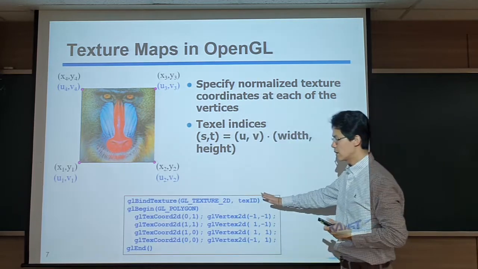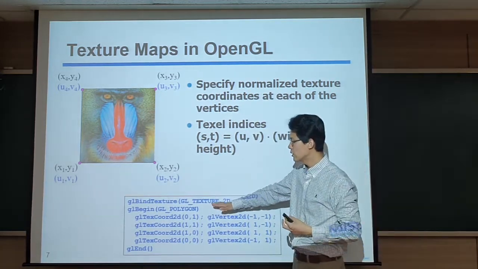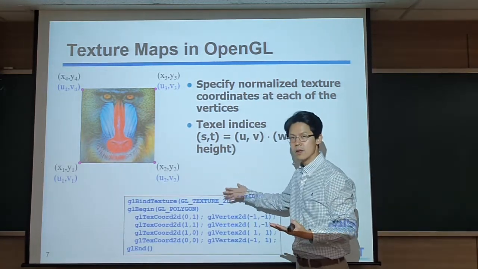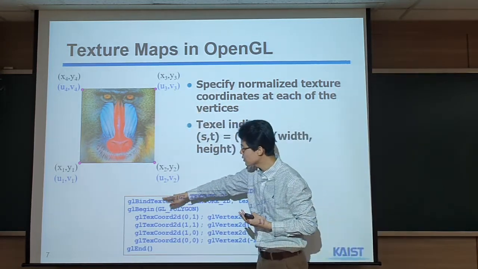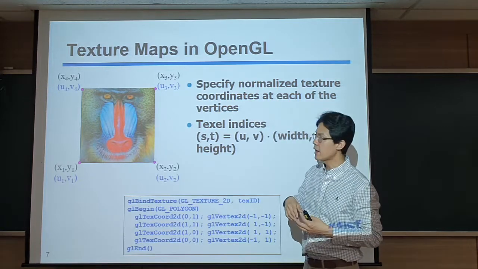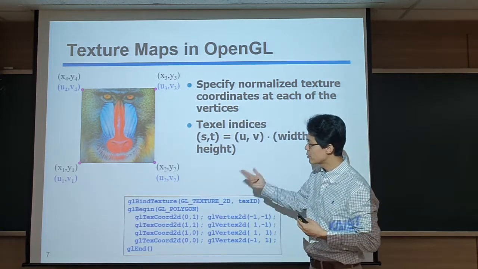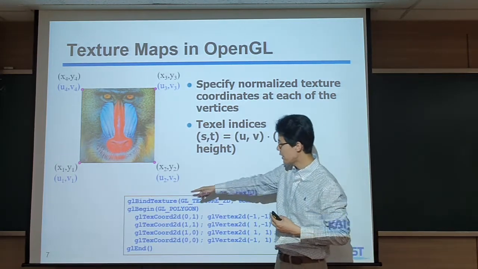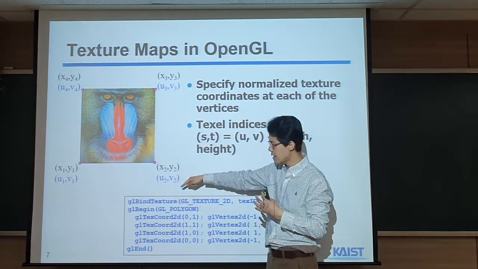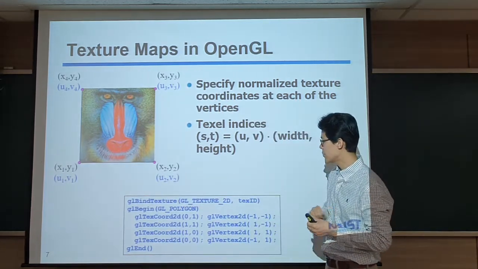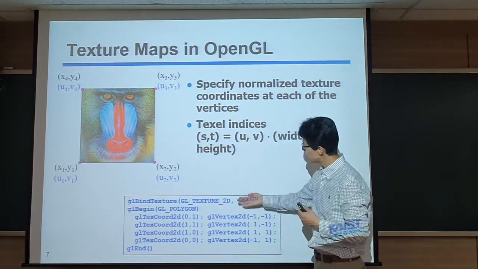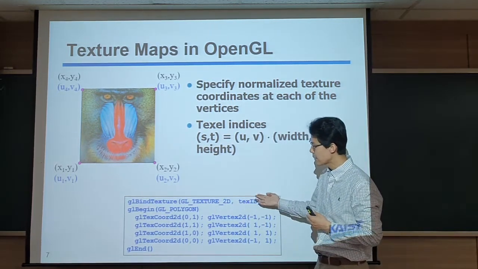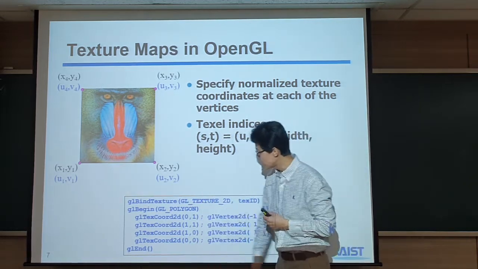Here I didn't talk about all the details. I have this texture map, and I bind it. In other words, I let OpenGL know that I'm going to use this texture. I bind the texture to the rasterization process, and I use this 2D texture with this texture ID. And then I draw this polygon.